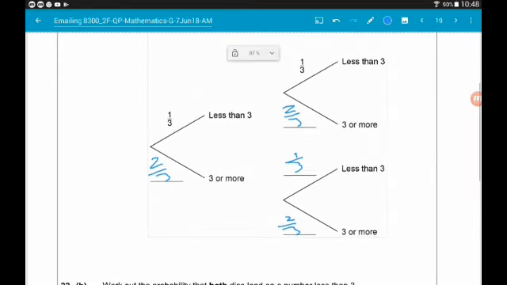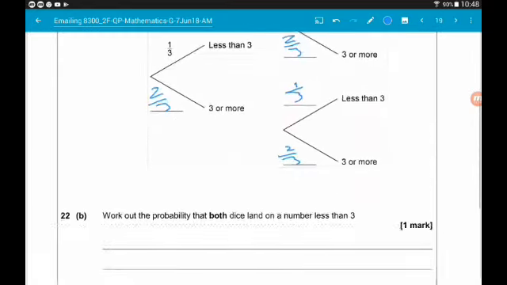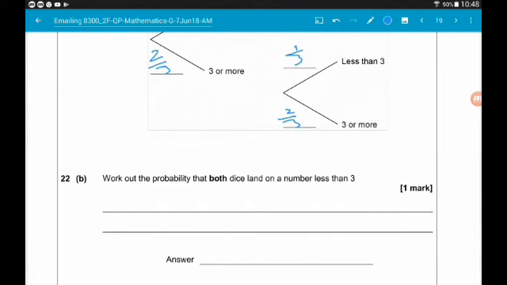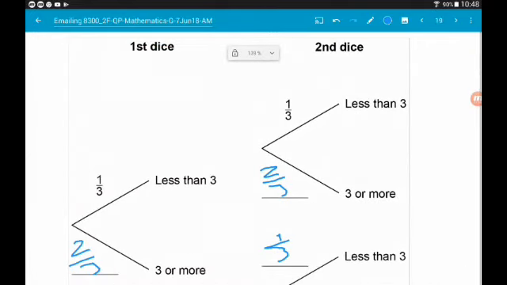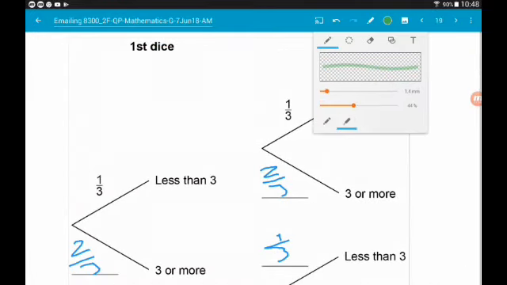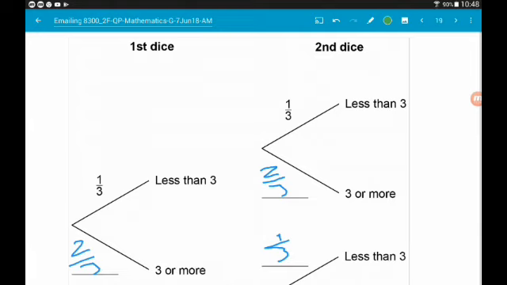So that is our completed tree diagram. And then part B wants us to work out the probability that both dice land on a number less than 3. So, on the tree diagram, the route that we want is less than 3 and then less than 3.